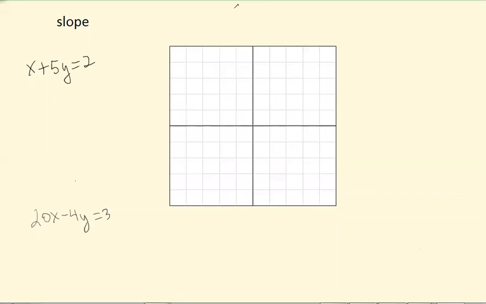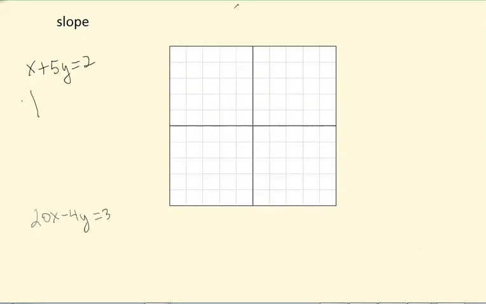Without graphing these, you can tell whether or not they are perpendicular or if they're parallel. You have to determine the slope of each one. So let's go ahead and do a little work with that.